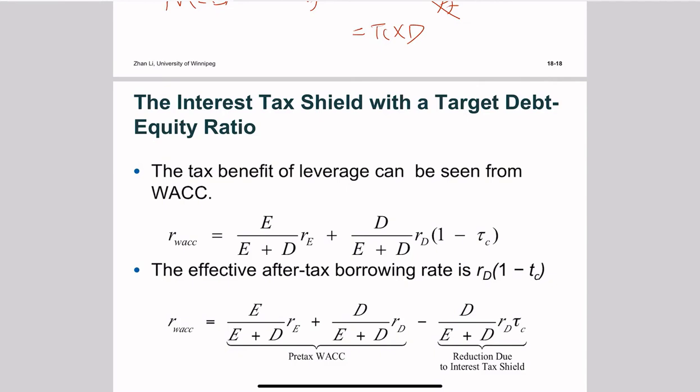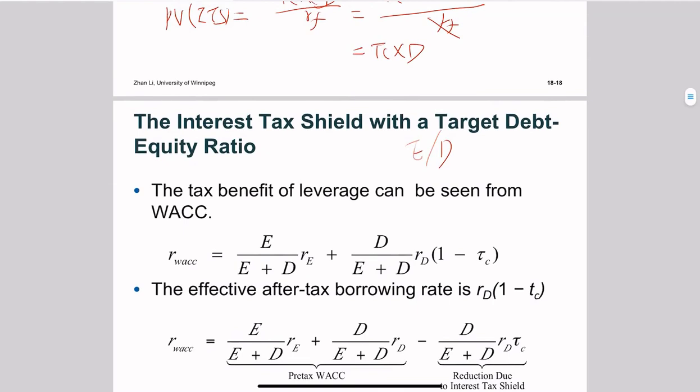That is, it maintains the ratio of E versus D, right? So these ratios are the same. And then through calculating WACC, remember WACC refers to the weighted average cost of capital. Through calculating WACC, you can see why debt could increase a firm's value.